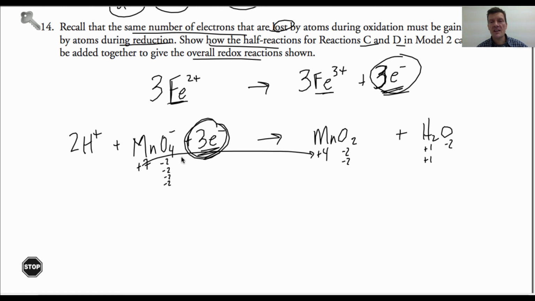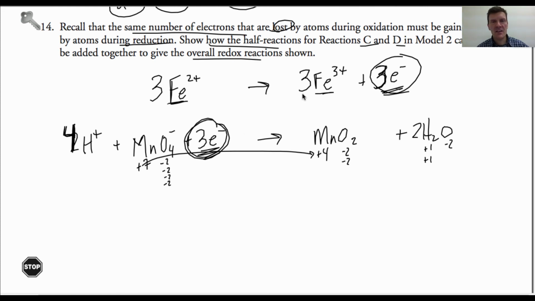Manganese, I've got 1 on both sides. Oxygen, I've got 2 and 2 here and 1 more there. That's 3, and 4 on that side. I'm going to have to double this water to give me 2 oxygens and another 2. That's 4 to balance with the 4 oxygens. That now gives me 4 hydrogens. Well, that's okay. I can take care of that with my 4 hydrogens there. Now I have all the elements balanced.